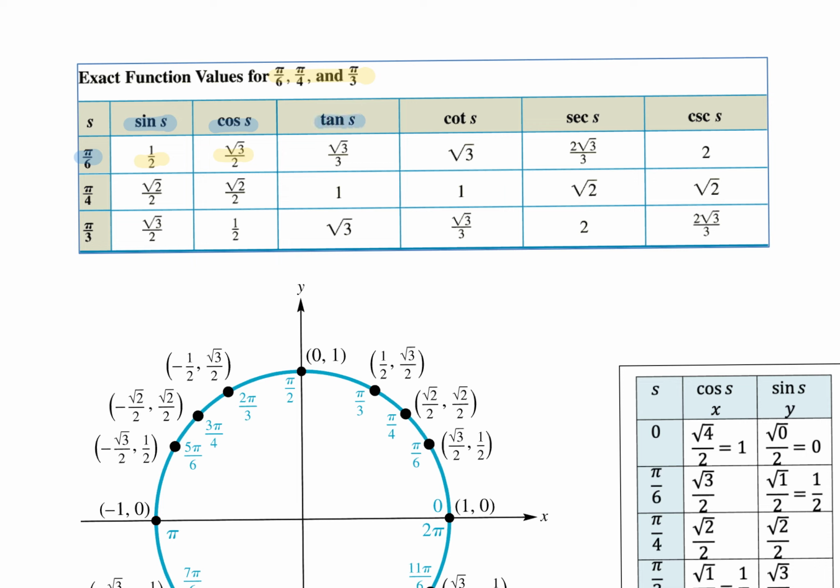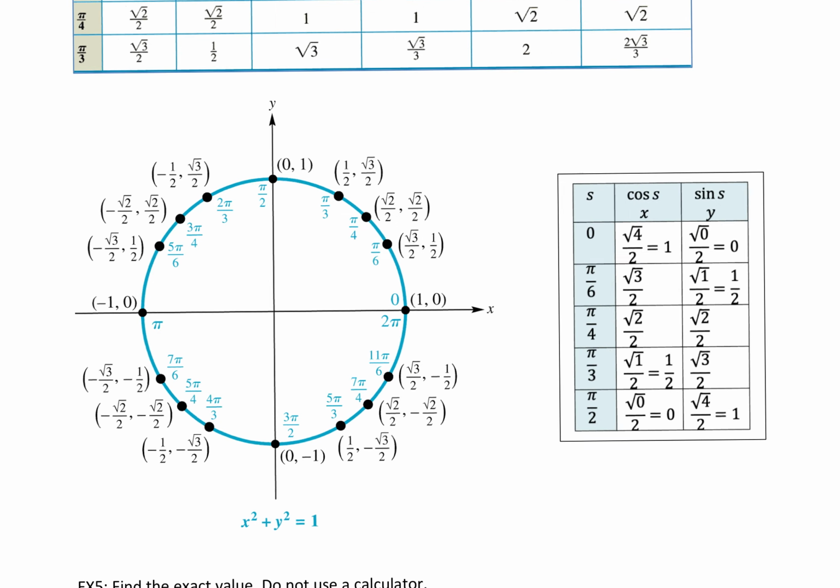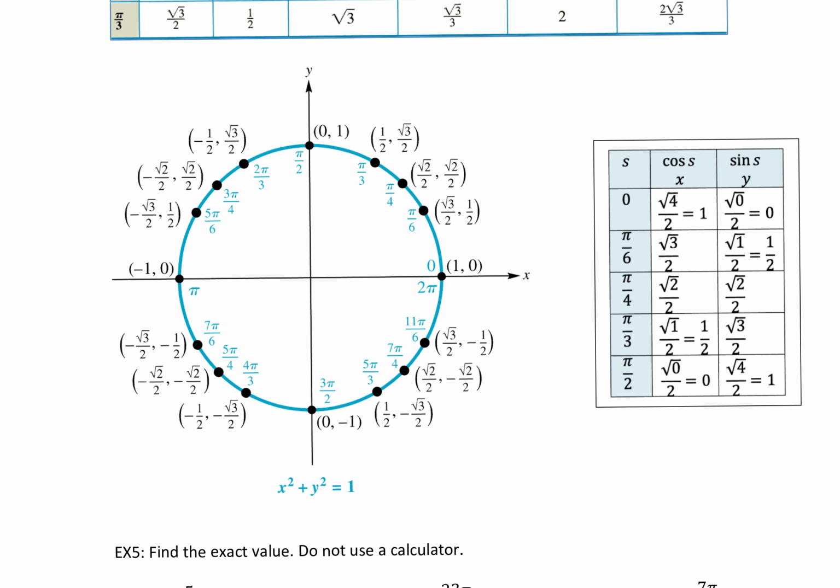The value for tangent, square root 3 over 3, and then we could look at the other values as well. This brings us to all the common values that we'll see on the unit circle. Notice that we have already figured out our first quadrant.